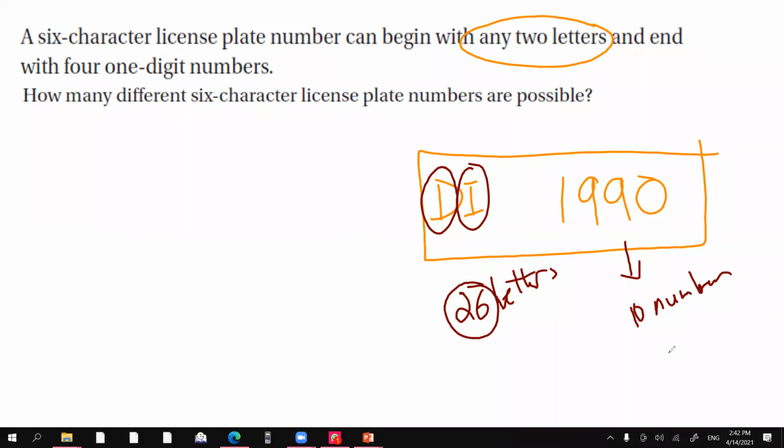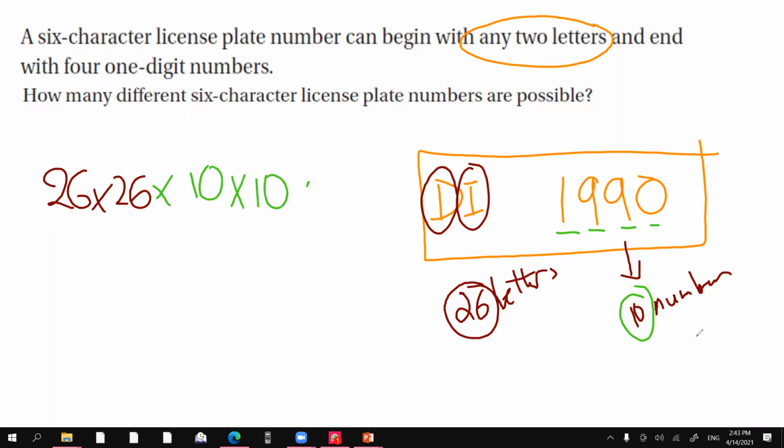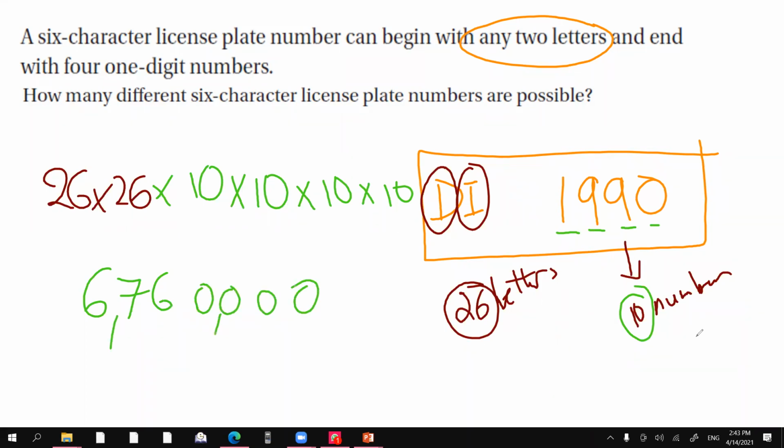So I will multiply 26 2 times. Then, how many numbers do we have here? 4 numbers. Bravo. So I multiply 10 4 times. So the answer will be 6,760,000 ways to write this 6-character plate.